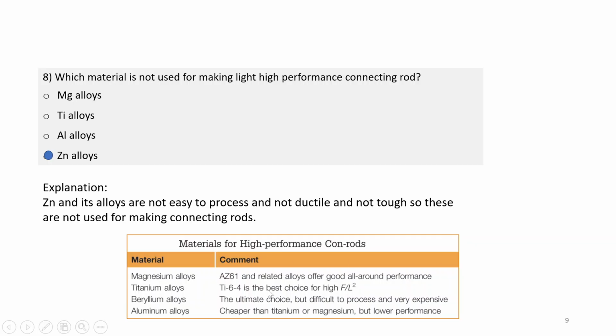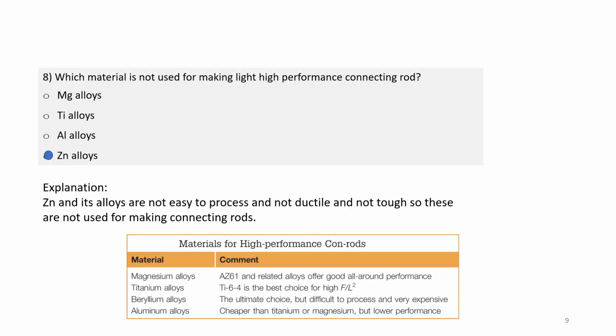The materials that are used for high performance connecting rods: first is magnesium alloy, in which case you have AZ61 and related alloys, which offer good all around performance. Next is titanium alloys. Ti64, which contains vanadium, is the best choice for high F upon L square, where F is force and L is length.